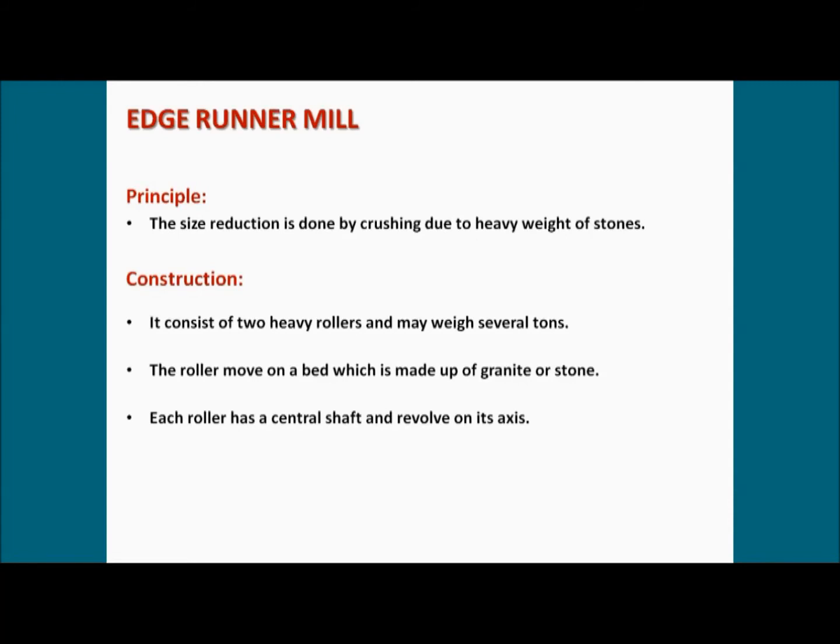Each of the rollers, which are made up of stones, has a central shaft, and this shaft revolves on its axis. Thus, once the shaft revolves, the stone or the roller will also revolve. The rollers are mounted on the horizontal shaft and they move around the bed.